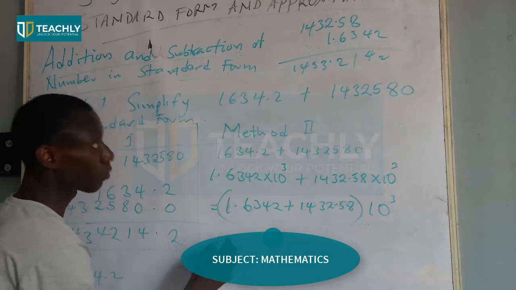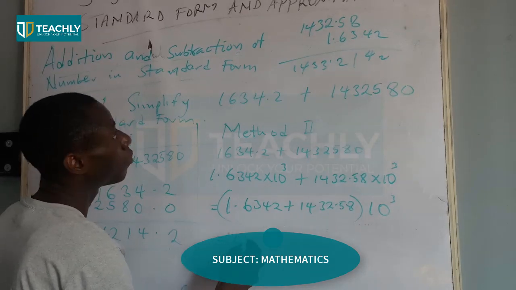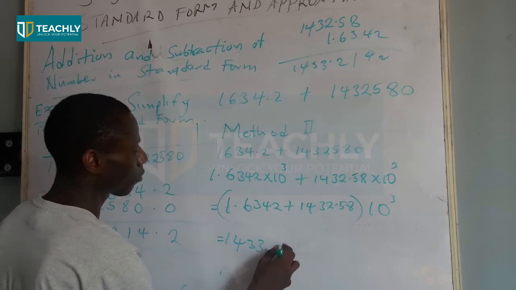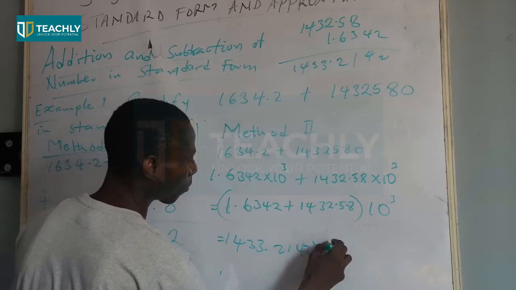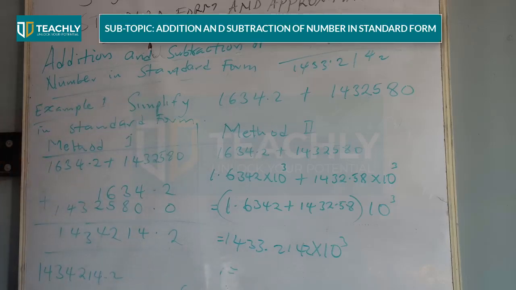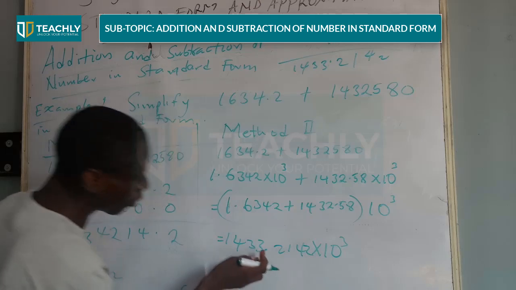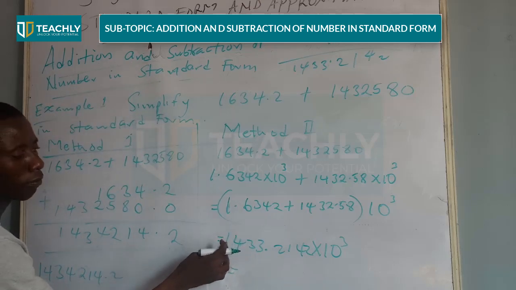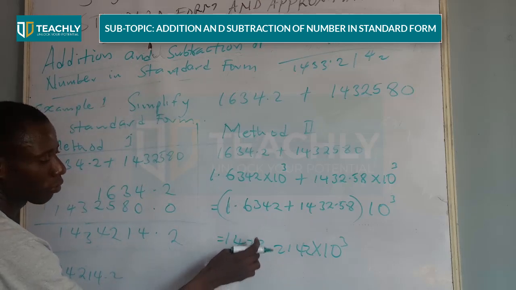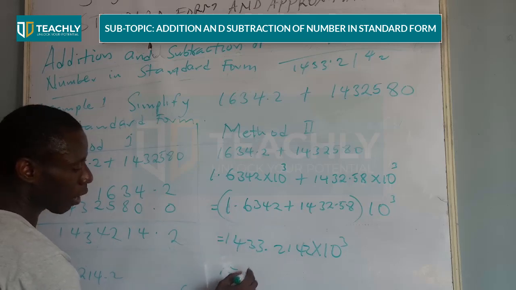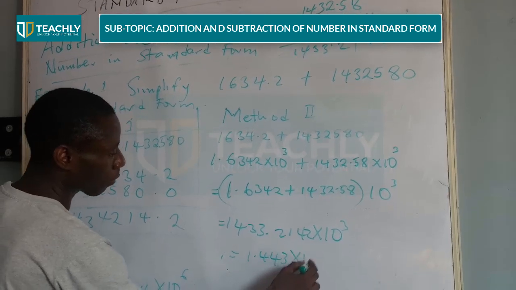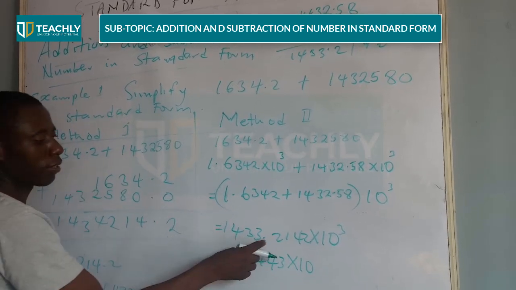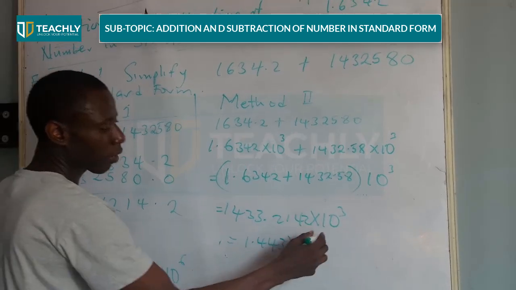So it's going to give us 1434.2142 times 10 to the power 3. This is not the final answer. The next thing you can do is to shift the decimal point again to the back of the first number: 1, 2, 3, which will give us 1.4342142 times 10 to the power 3 times 10 to the power 3, that is 10 to the power 6.